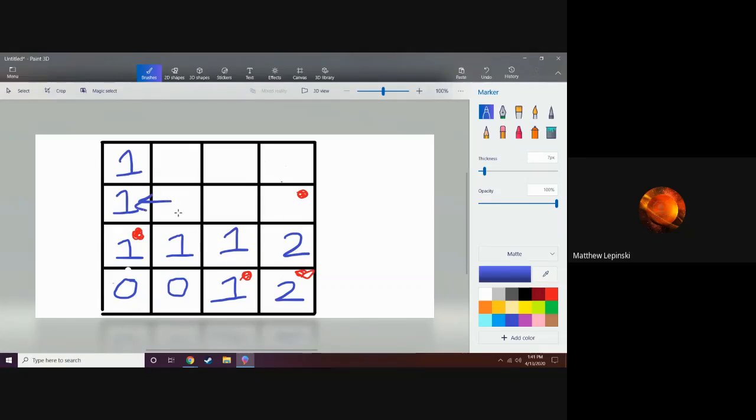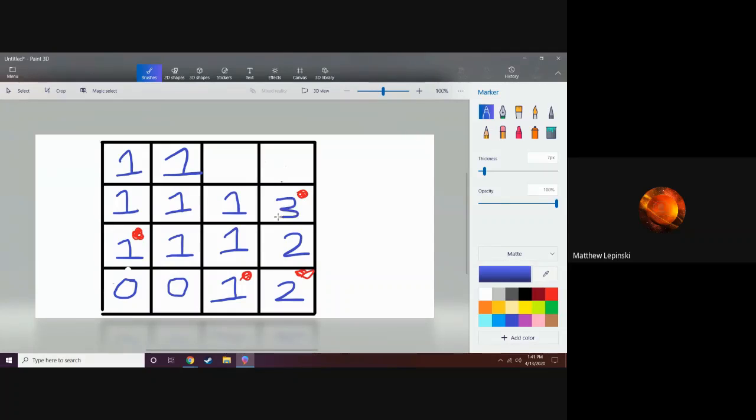Here I'm choosing between a 1 or a 1, so 1 is better. Here between a 1 and a 1, so 1 is better. Here between a 1 and a 1, so 1 is better. Here I'm choosing between a 1 and a 2, so I like the 2.